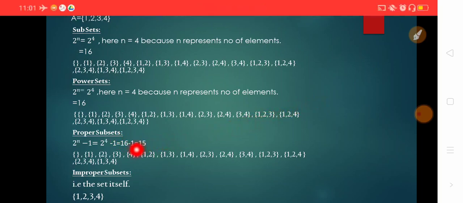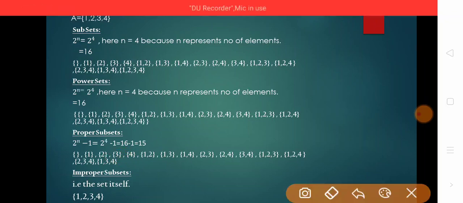Improper subset is the set itself. As we have set A equals {1, 2, 3, 4}, so {1, 2, 3, 4} is itself an improper subset of A. So here we found the subsets. Done. We found the power set. Done. Proper subset. Done. And improper subset.